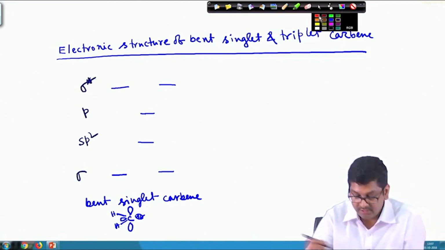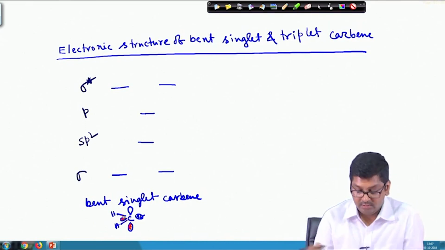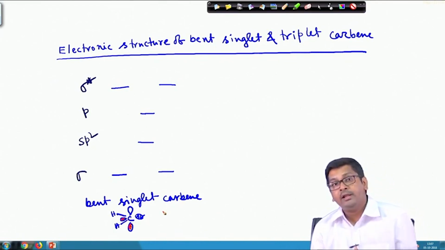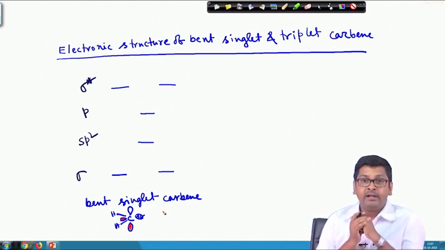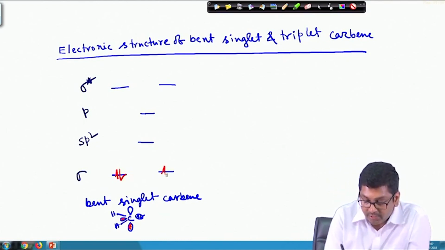Just a minute, yes, we have to draw it like this. Now, if we fill up the electrons, as we have already learned, there are a total of 6 valence electrons, so we can fill up like this.